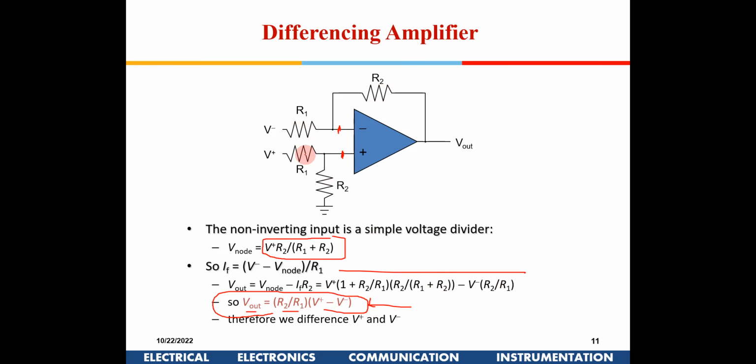For that, you should have R1, R2 here, and here also you should have R1, R2. If you do that, then you will get V out equal to this. What we did: we found V plus, then applied this V plus here and equated this current with this current. Since we have used R1, R2 here and R1, R2 here, we land up at this equation.